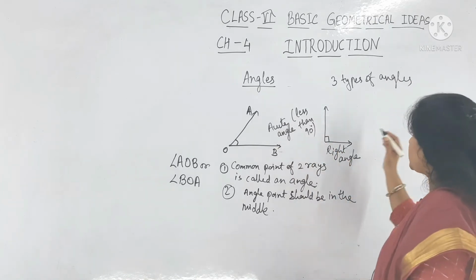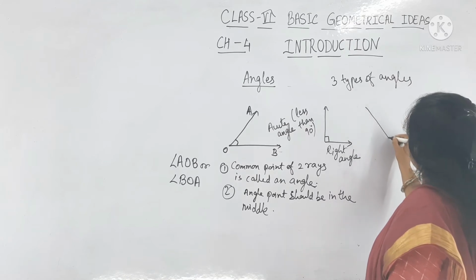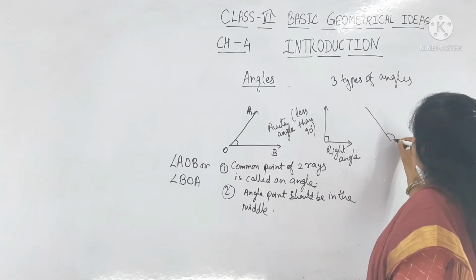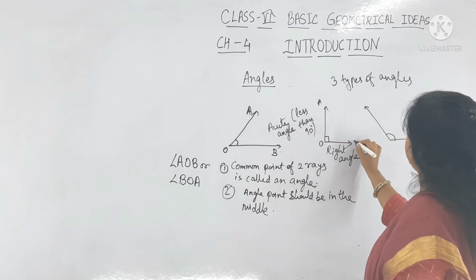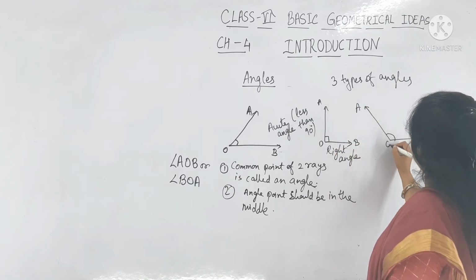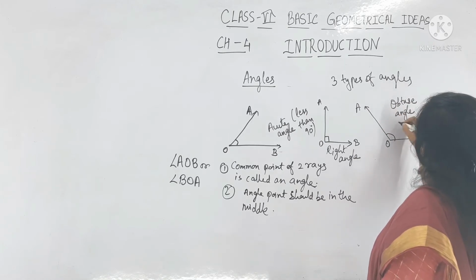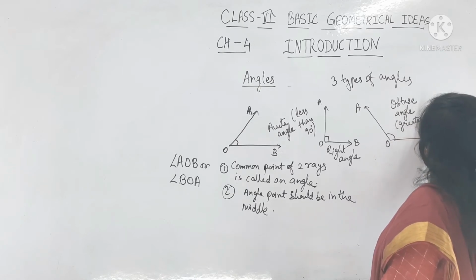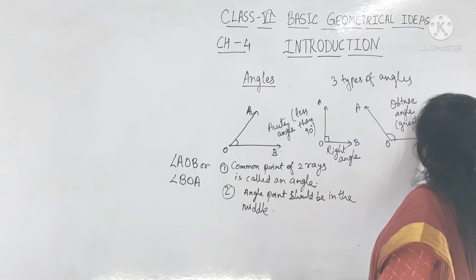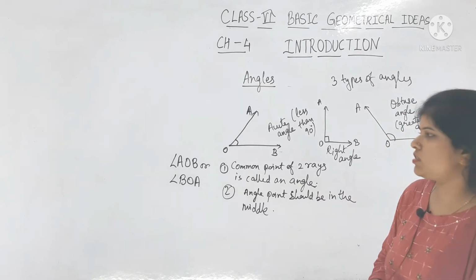And the last one is the obtuse angle, like this it will make. That is the obtuse angle, that is greater than 90 degrees. Okay, so this is about the angles.